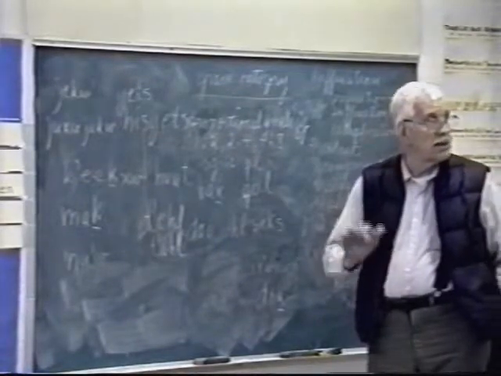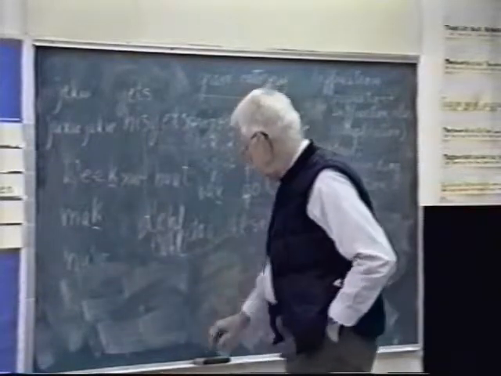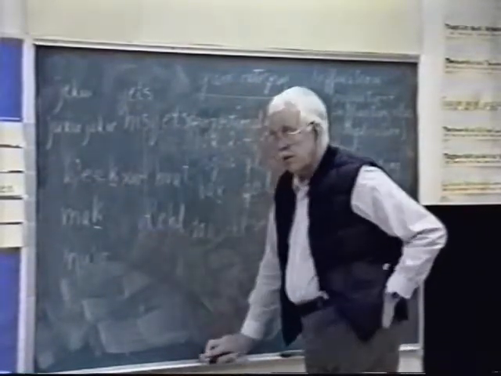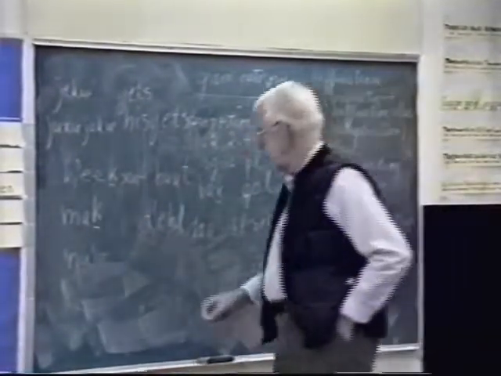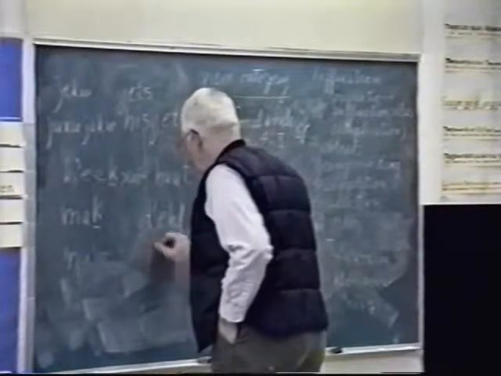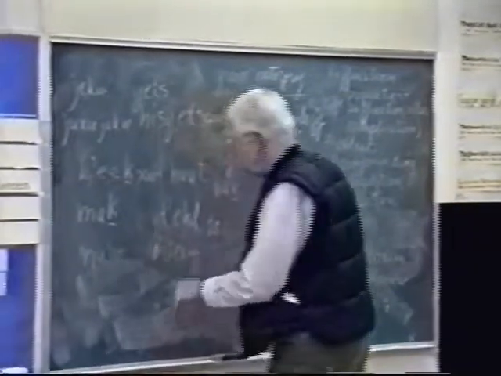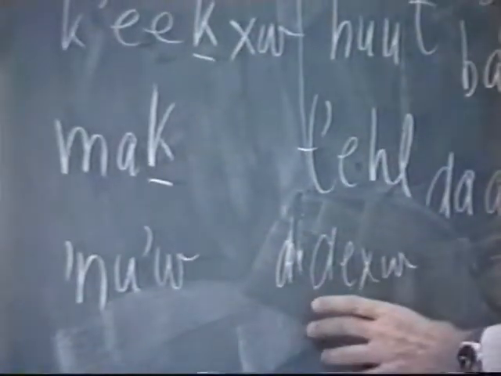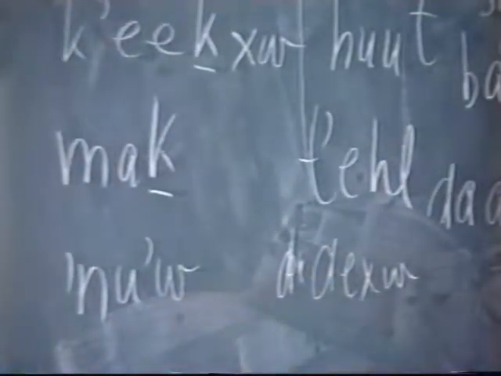You know, did he die? Or did she die? Nu. Okay, now what's the plural of nu? Dach or dech or dedech, where there is a reduplication there, the way we're getting it. But you see, dech or dedech doesn't look at all like nu.